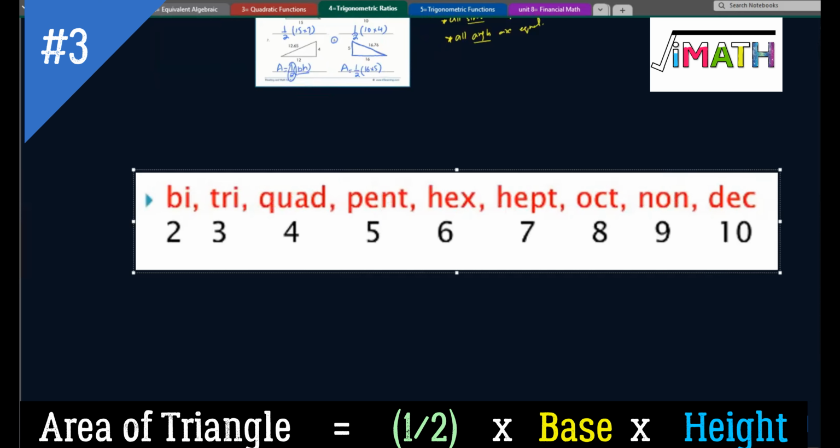Be quick. Bi, tri, quad, penta, hexa, hepta, octa, nona, deca.